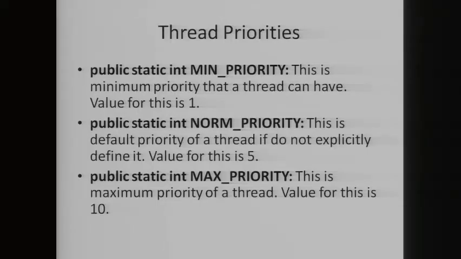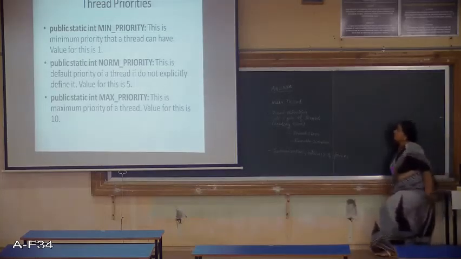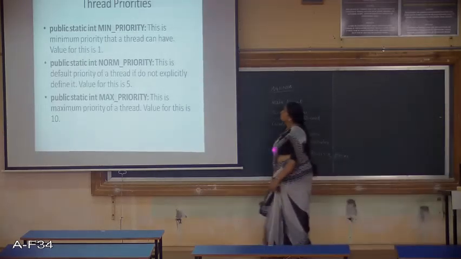The priority can either be given by the JVM while creating the thread, or it can be given by a programmer explicitly. The accepted value of priority for a thread is in the range of 1 to 10. And there are 3 static variables defined in the Thread class for priority. They are MIN_PRIORITY, NORM_PRIORITY, and MAX_PRIORITY.